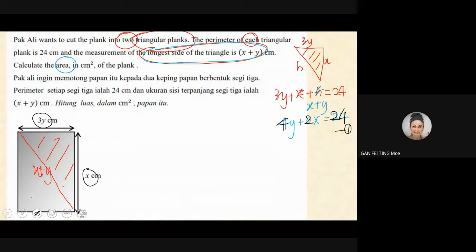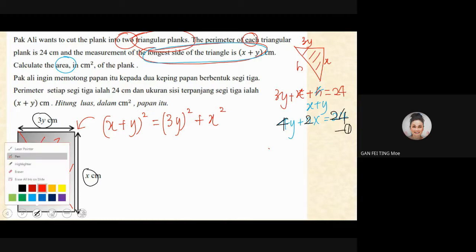Since you know that it's Pythagoras theorem, refer to the diagram here. You will see that (x plus y) squared actually equals (3y) squared plus x squared. Do you agree? Now the problem is with you.